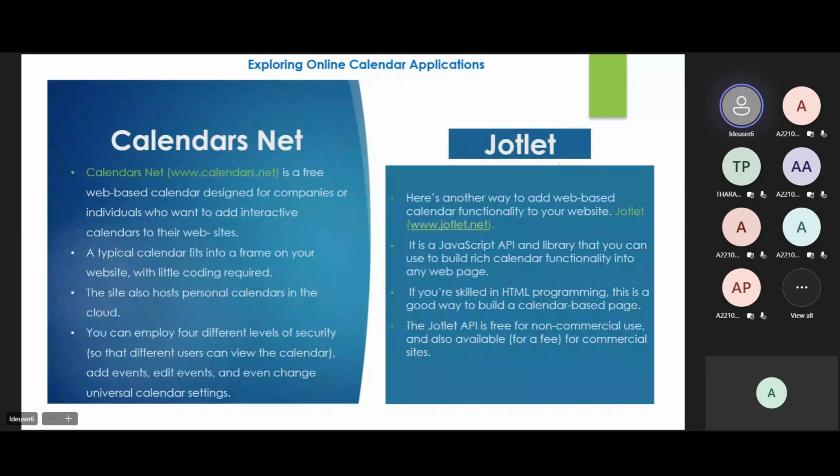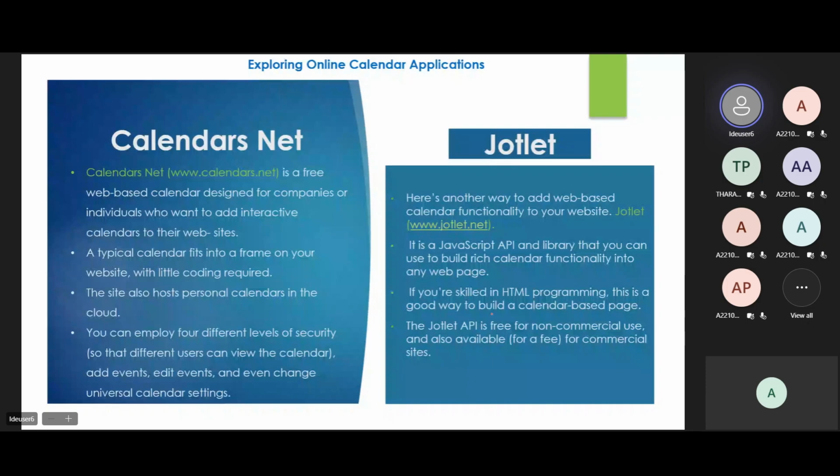Jotlet is also a web-based calendar, and it contains a JavaScript API and library that you can use to build rich calendar functionality in your web page. So if you want to create a calendar effectively, you should know JavaScript, and you have to be skilled in HTML programming, so that you can create your best calendar.